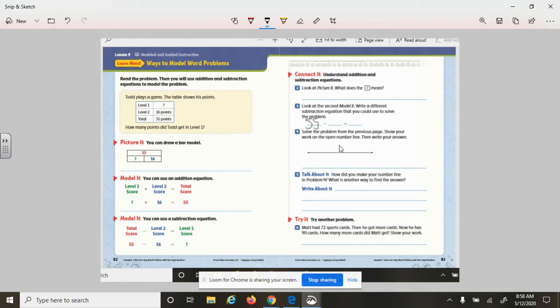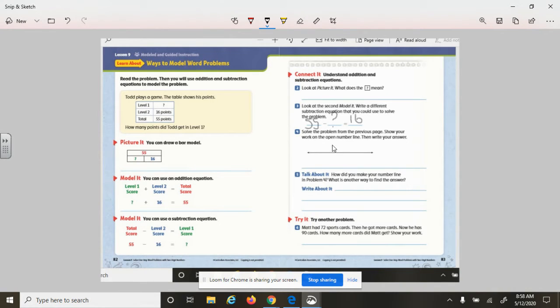Instead of taking away 16, we could take away the question mark. So 55 minus how many he made in level one, which we don't know, would equal 16. So we could flip those two small parts around and have 55 minus something equals 16. That's a little harder to solve than 55 minus 16.